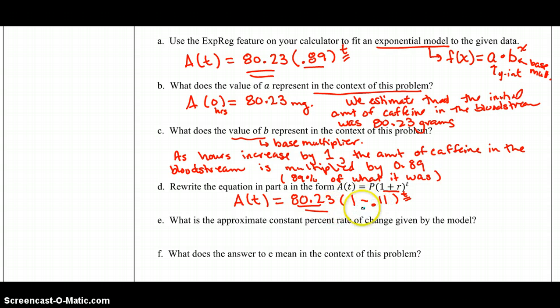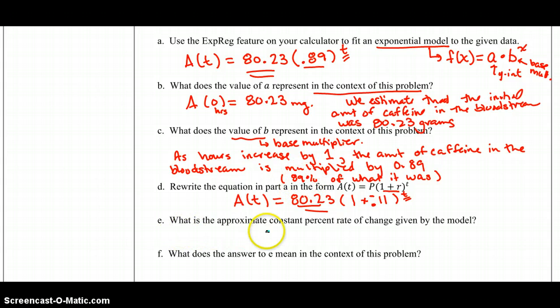Or we could have 1 plus a negative 0.11 if we wanted to write it that way. In the money problem, we had a positive 0.05, and we said the money was increasing 5% every year. In this case, as we go to the next hour, we only have 89% of what it was, which means 11% of it went away.